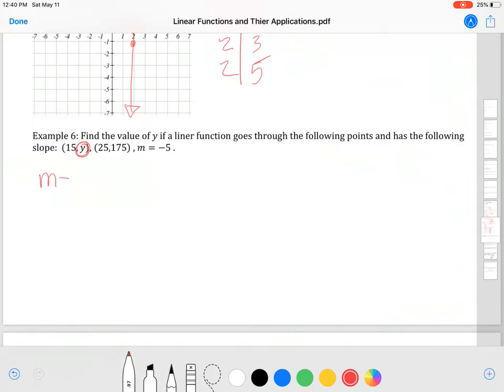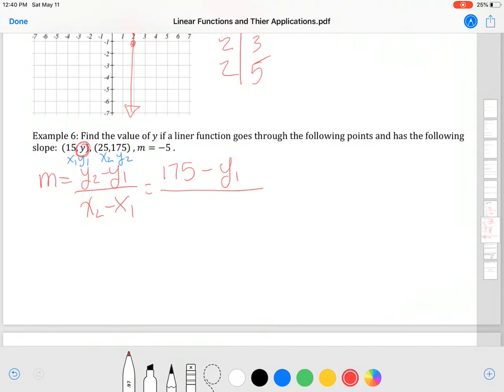Remember, our formula for slope is y2 minus y1 over x2 minus x1. So if I call this point x1, y1, this point x2, y2, and I know my slope is -5, I'm just going to plug all of that in. So my y2 is 175 minus my y1, that's what I'm looking for.